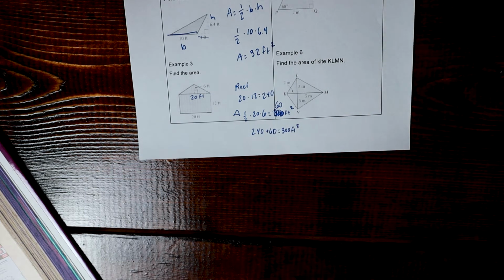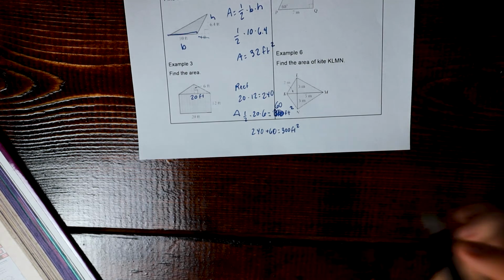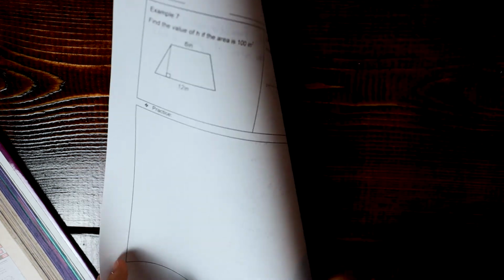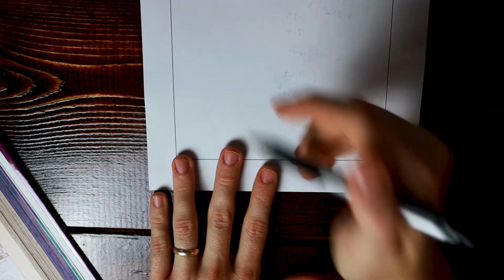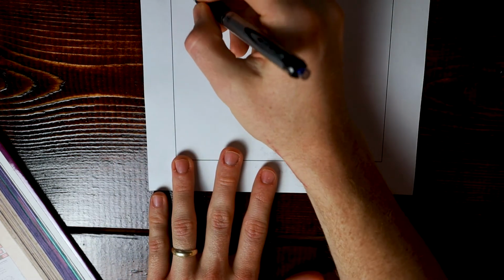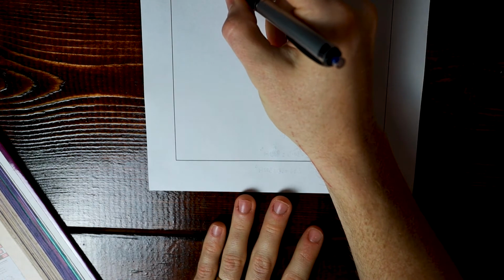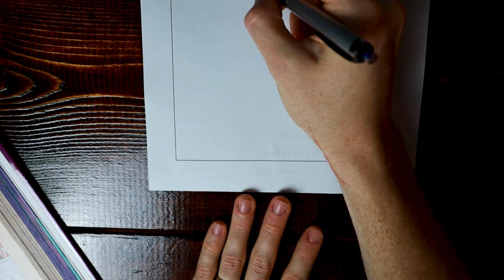I'm going to add an example 9, if you will. We're going to skip everything else until the next day's assignment. And I'm going to say, what if I had this example. What if I had a parallelogram and I said find H?